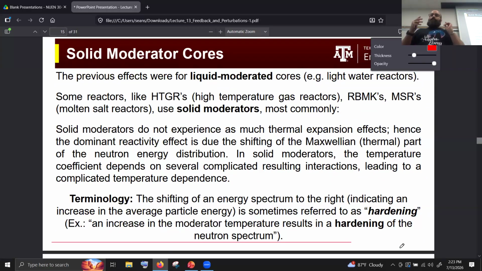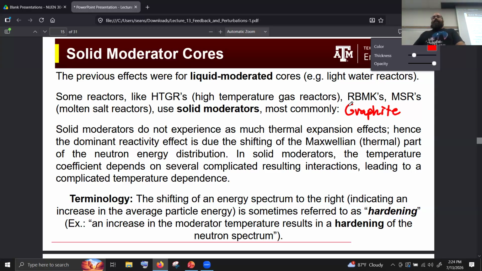So previously, we've been talking about liquid moderated cores. There's other reactors that use solid moderators. The most common solid moderator is graphite. So that's what the RBMK uses. That's what molten salt reactors use. Gas-cooled reactors, they all use graphite as the moderator.